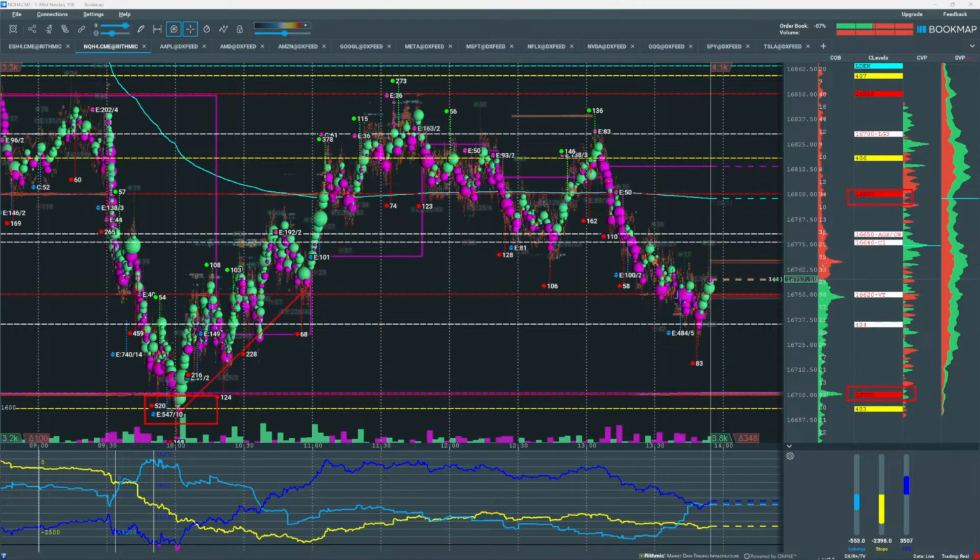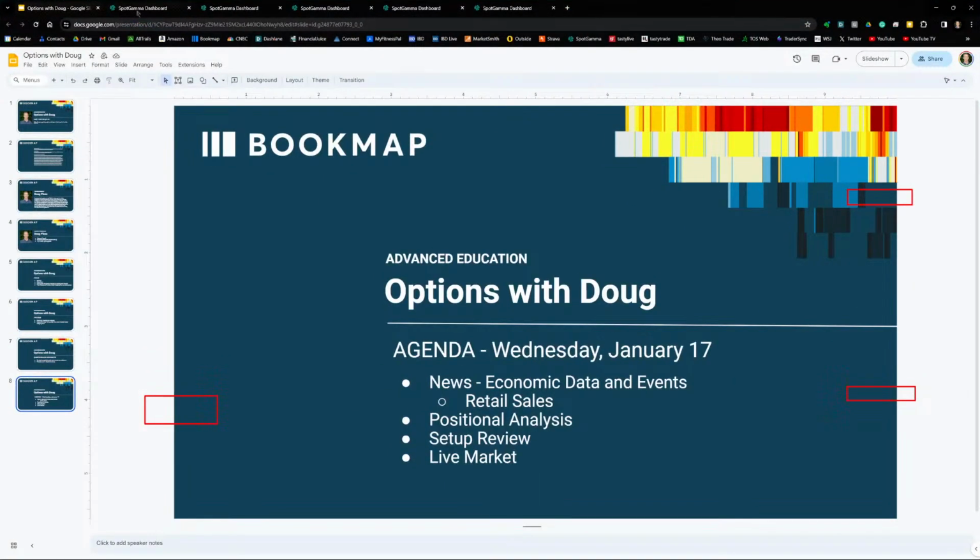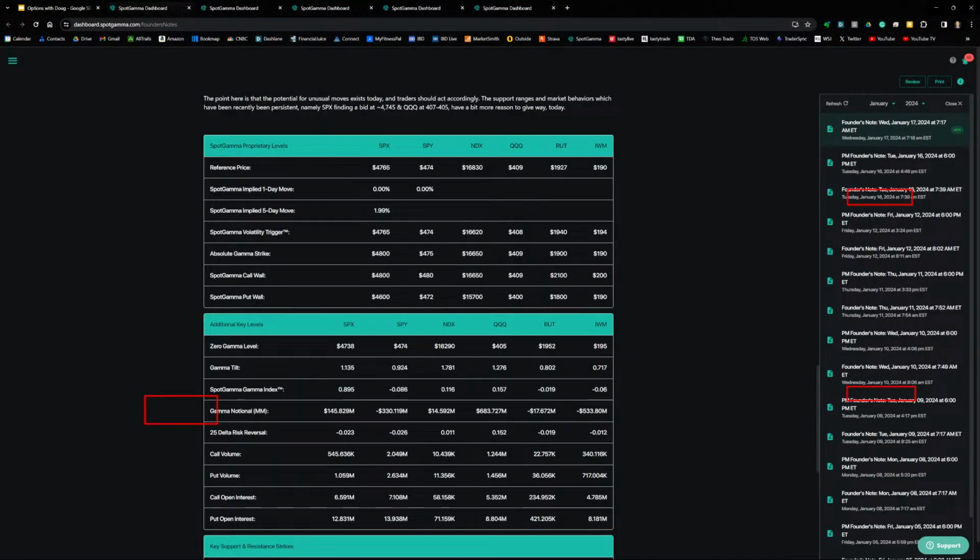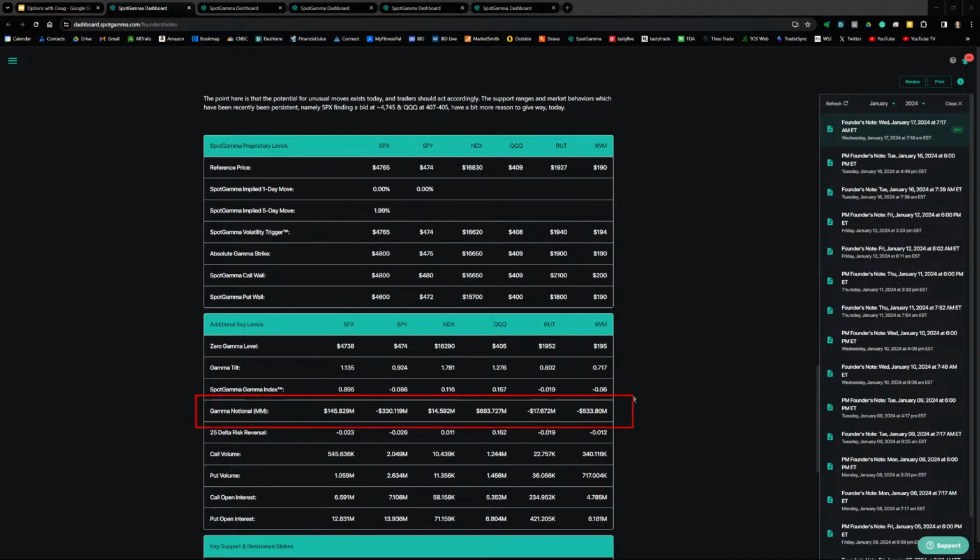All right, the next part of my positional analysis, I look at gamma notional every day. This is market makers' position on the gamma curve at the beginning of the day for the S&P 500, NASDAQ, and Russell 2000. Note this is a mixed picture today. For example, SPX gamma notional was slightly positive and slightly negative for SPY.